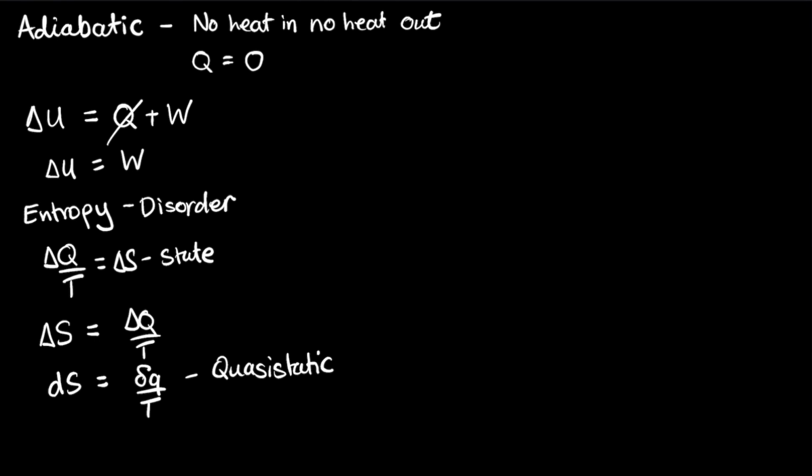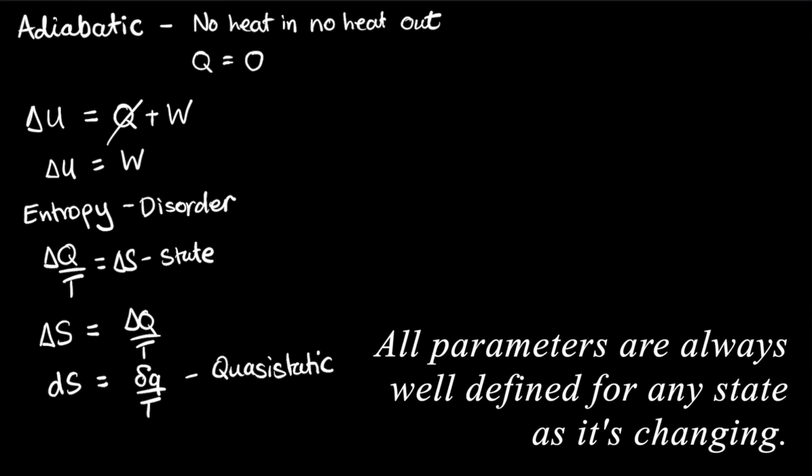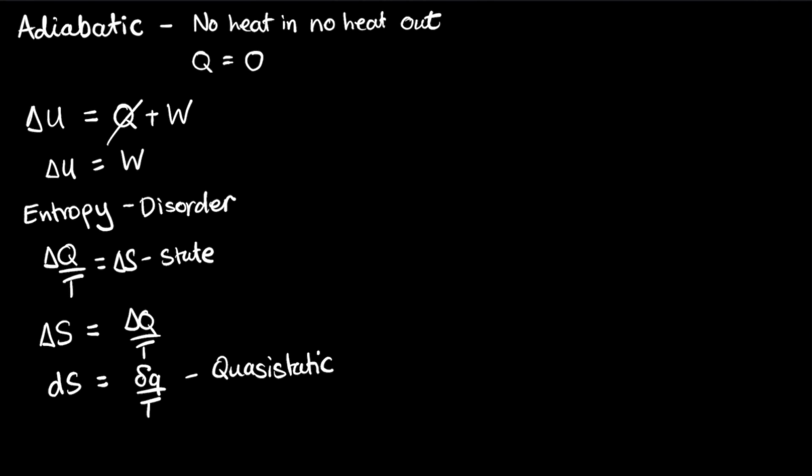It's basically a condition which we like to use a lot in thermodynamics in order to make the maths work. When a process is said to be quasistatic, that means it's always in equilibrium with its surroundings. Generally, that means the process is done so slowly that the system is always in thermal equilibrium.